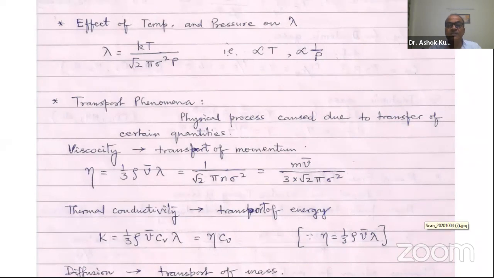Any physical process which is caused due to transfer of certain quantities is called transport, because the cause of the physical process is the transfer or transportation of a certain physical quantity. So first, on the basis of kinetic theory, the molecules are randomly in motion. Due to the motion, they transfer momentum.